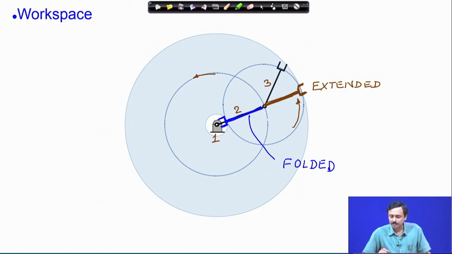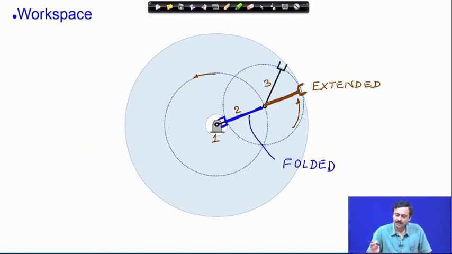This light blue shaded region is the workspace of this manipulator. It can reach any point in this shaded region. It cannot reach the exterior, neither can it reach a region in the interior. So, there is an annular region which can be reached by this manipulator.